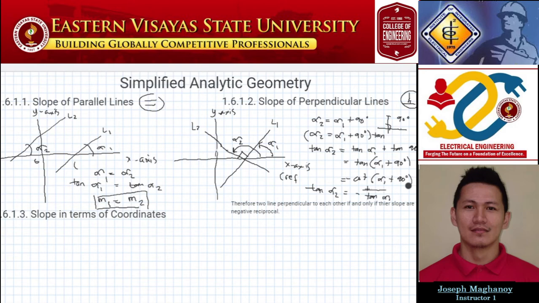Okay, so finally, the two lines are perpendicular to each other if and only if their slopes are negative reciprocals.